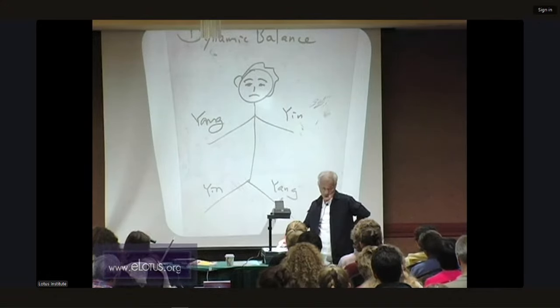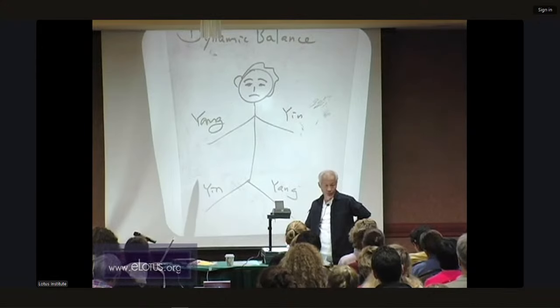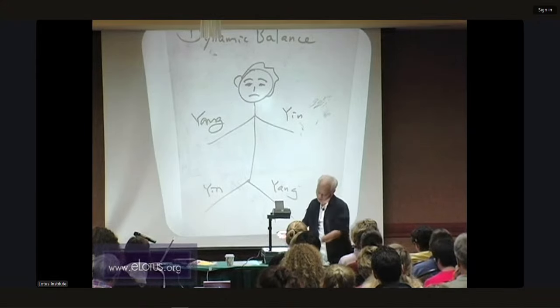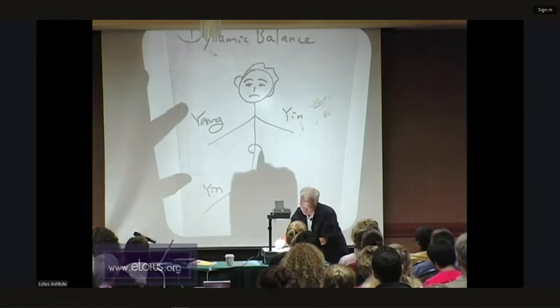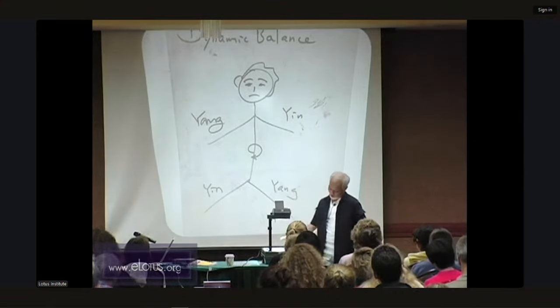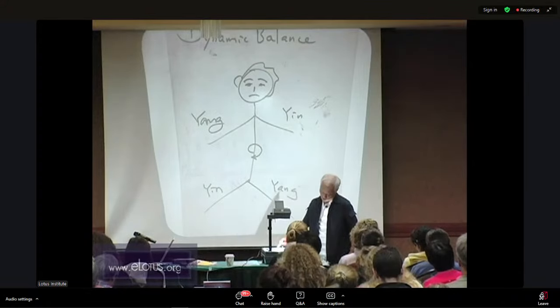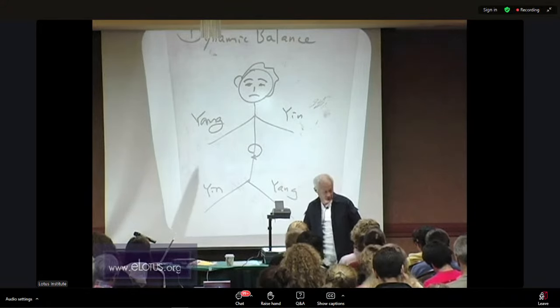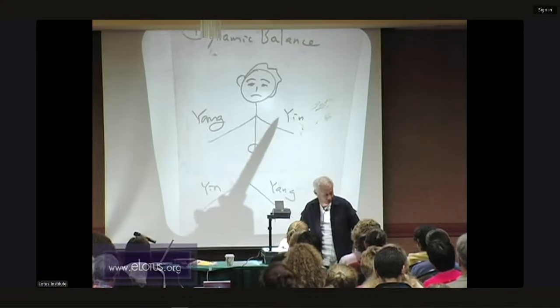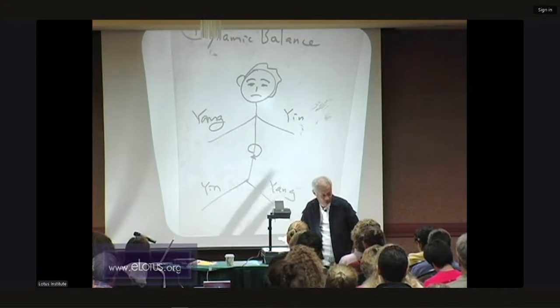And here we do yang, here we do yin. The pattern is a Tai Chi attraction. The yang is attracted with the yin, attracted with the yang, attracted with the yin, attracted with the yang.